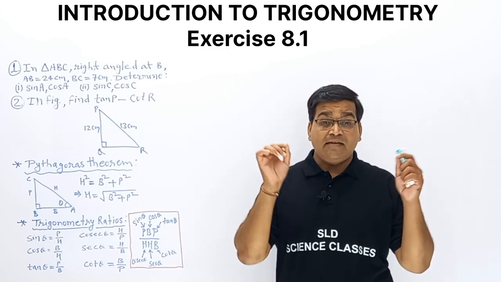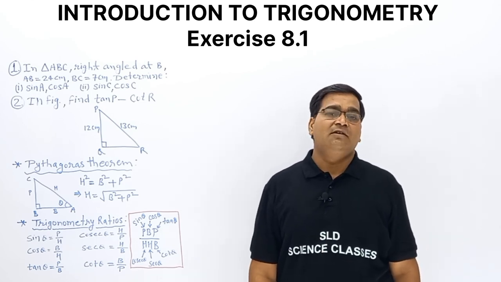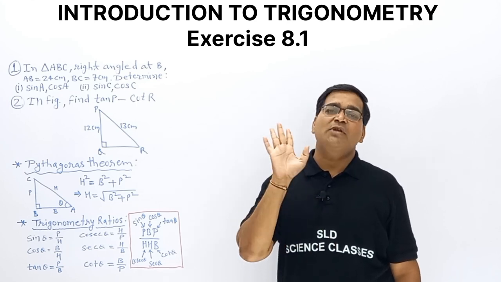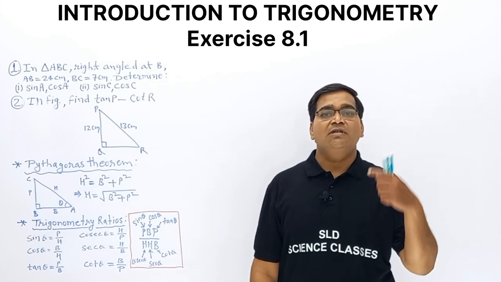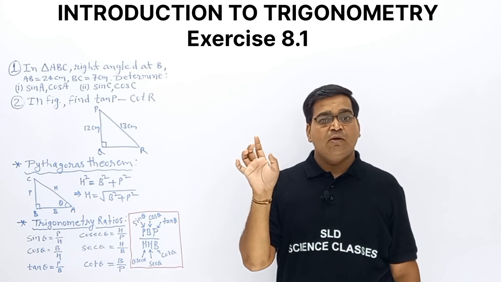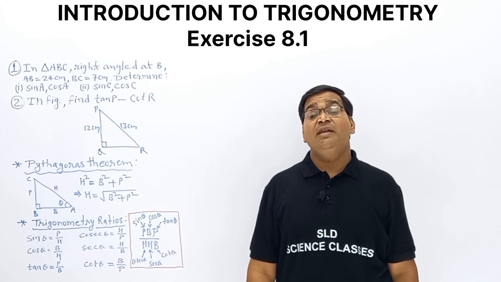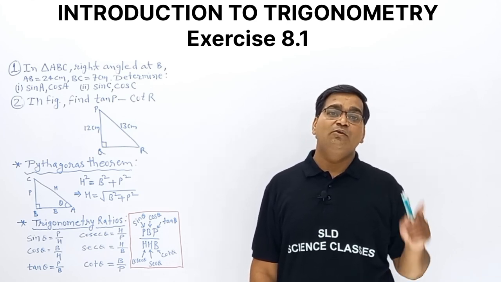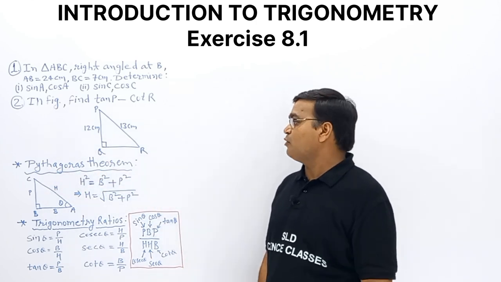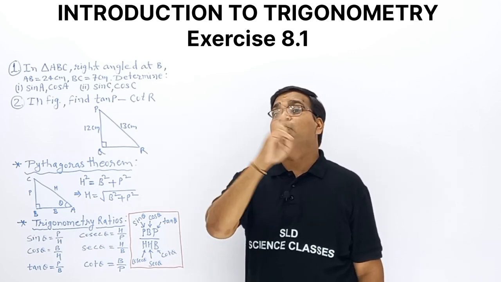If we have 2 sides of the right triangle and want the third side, how will we calculate it? By using the Pythagoras theorem, we can find the third side if we have 2 sides.